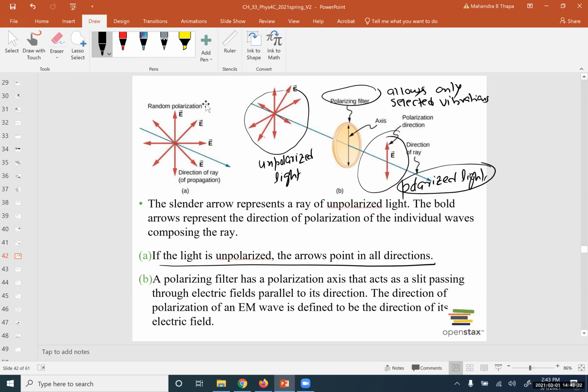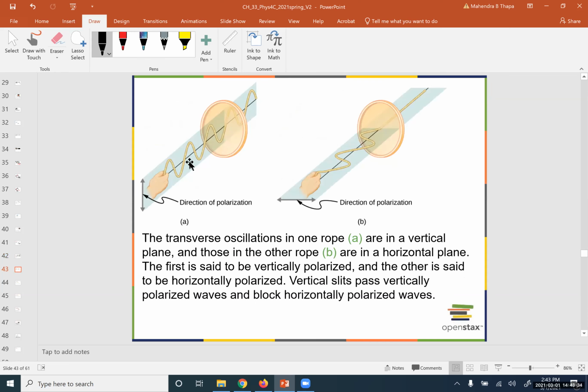This example tells you that if we take a transverse oscillation in one rope, in the first example in the vertical plane, the wave travels through because the axis is parallel.